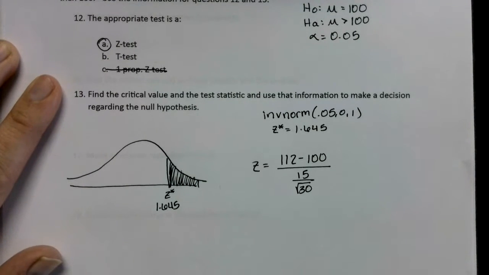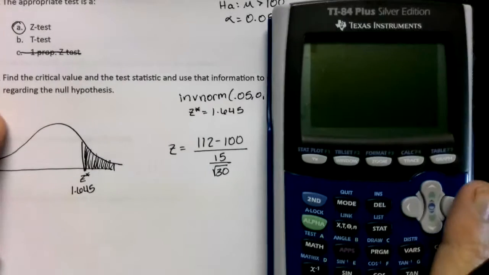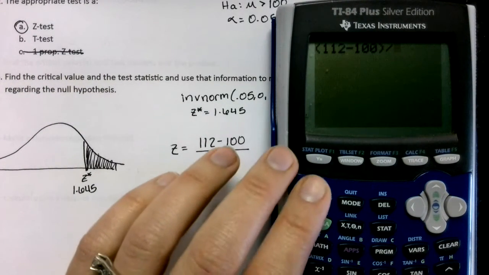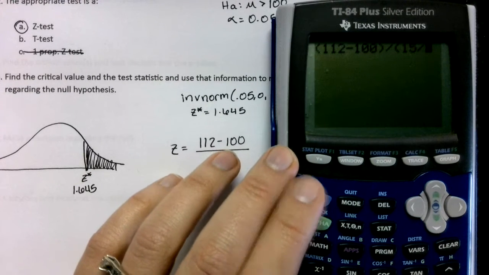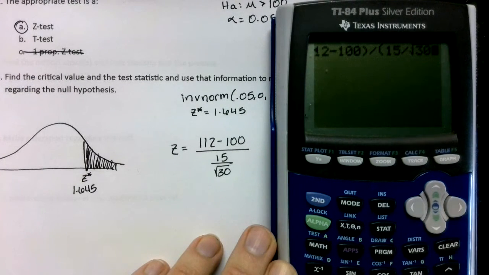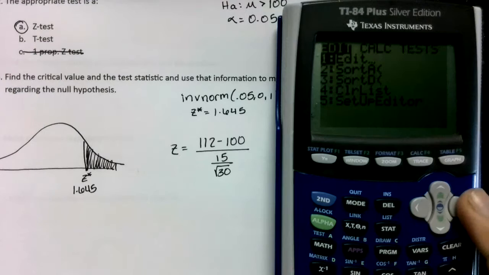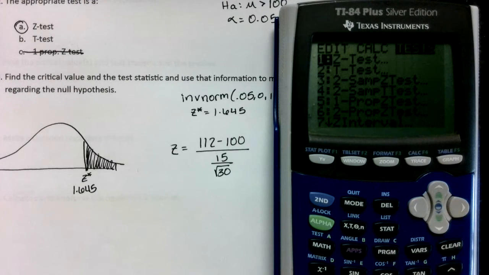So I'm going to compute this. Show you how I'm typing it in. So I got 4.38.